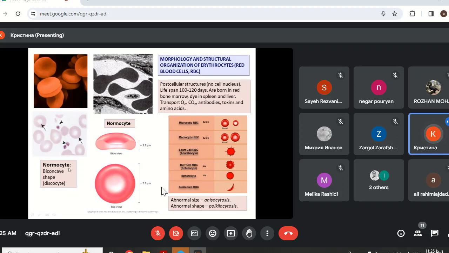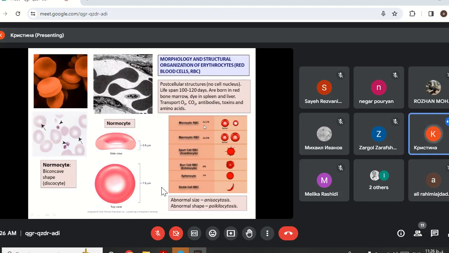And also a normocyte should have the normal size, so its diameter should be 7.5 micrometers. These normocytes are about 75% of all erythrocytes in a blood smear, and the other 25% can be of different shape and size normally.